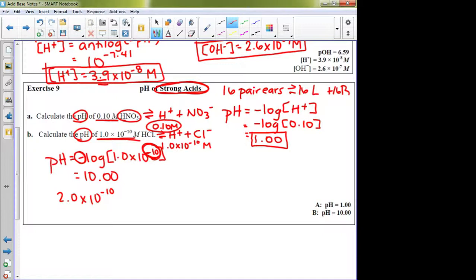No, because it's not a 1.0 there. But when I look at my answer choices, I know I'm looking for a pH that would be close to what? 10. So would that be able to let me get rid of answer choices? Yes. So that's how you need to think on the AP exam. Right? They wouldn't ask you to do anything more difficult than that on a multiple choice question because you don't have a calculator. All right?